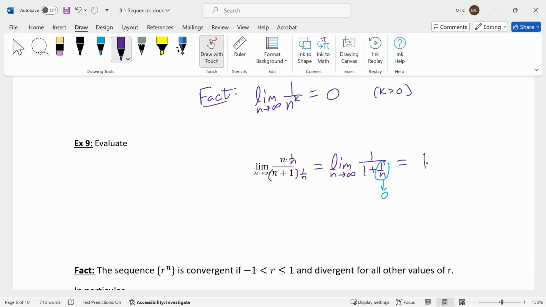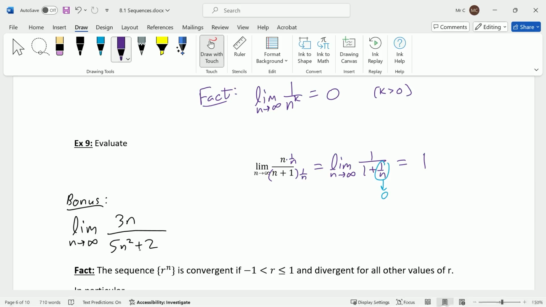And while we're at it, I'll just make up a little bonus example here, because I didn't put many of these in here, and they're nice and quick. How about the limit as n goes to infinity of 3n over 5n squared plus 2.